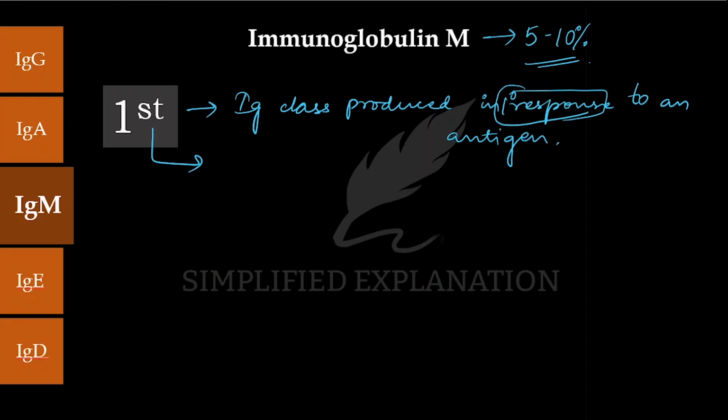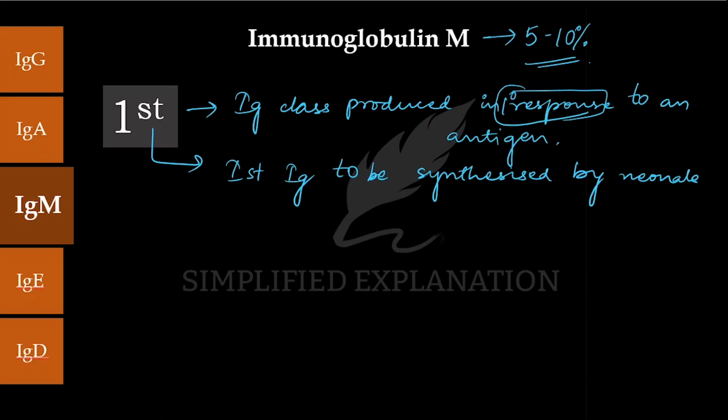Second, it's the first immunoglobulin to be synthesized by the neonate. So it's the first class to be produced in primary response to an antigen. Also it's the first immunoglobulin to be synthesized by the neonate. Now let us talk about the structure.